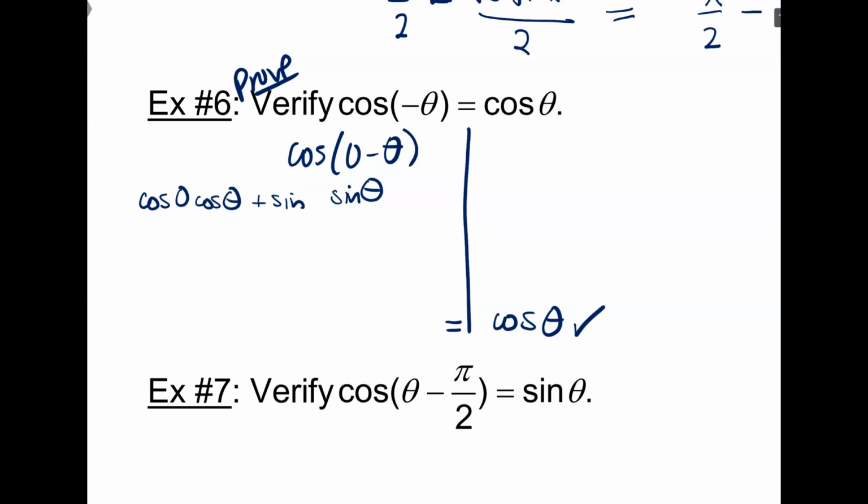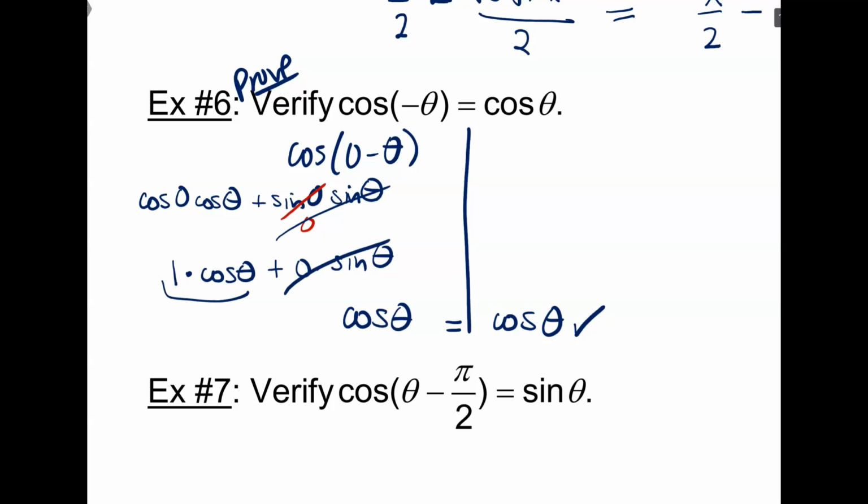Oops, it's supposed to be 0. We know what sine of 0 degrees is? 0. So 0 times anything, that whole side goes away. What's cosine of 0? 1. So 1 times cosine theta plus 0 times sine theta. That's just going to be cosine theta, because that side goes away. Hey, QED, donezo.